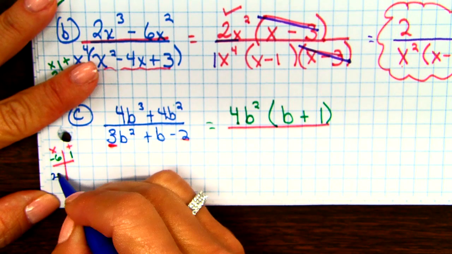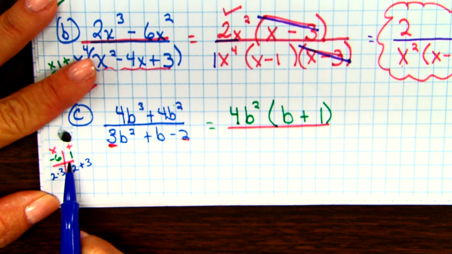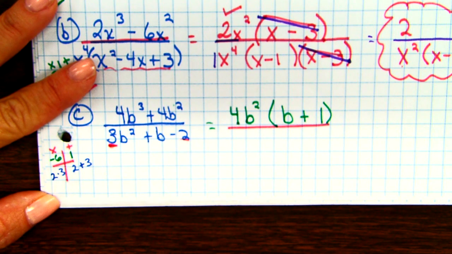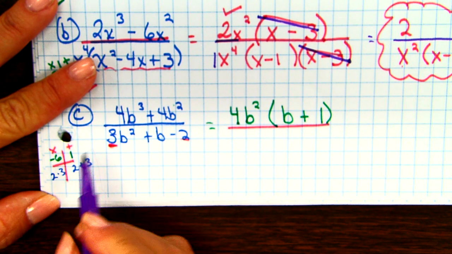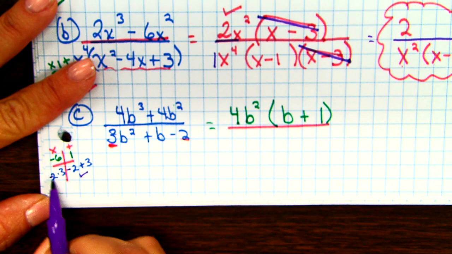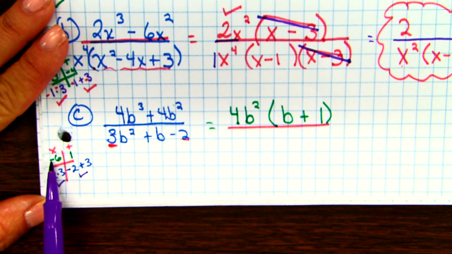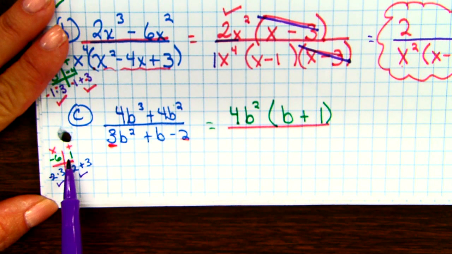So 2 times 3, 2 plus 3. We want to get a 1 here. Let's mess with the negatives. Which one will be negative to get a positive 1? -2, right. Make sure it works over here, and it does. So -2 times 3 is -6. -2 plus 3 is 1.